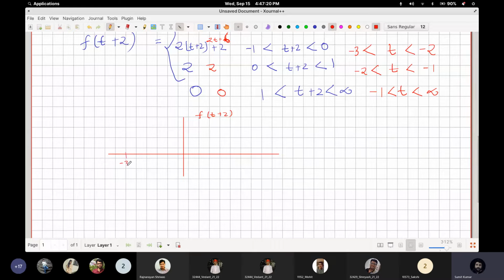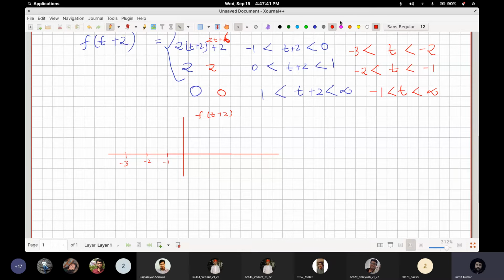So let's say this is minus 3, and this is minus 2, and this is minus 1. After that, this is 0, and so on and so forth. So it's starting from minus infinity to minus 1. It's 0 only. So beyond this point, it's 0.